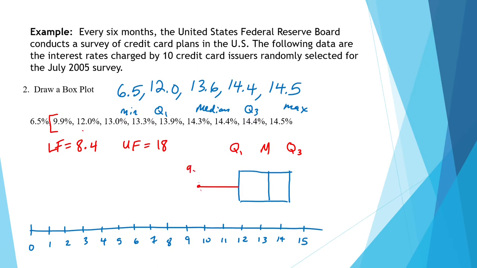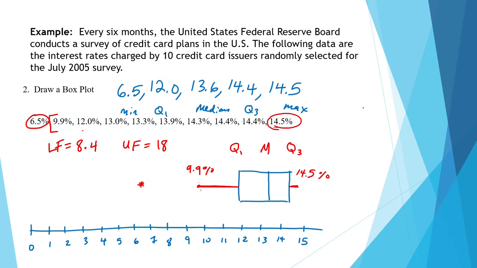Now for the upper fence, the value that's just inside it is 14.5%, so I'll extend the whisker to 14.5%. The last thing we need for this graph is the outlier, which was 6.5. So we'll plot 6.5 as an asterisk or a dot, and that's our complete box plot.